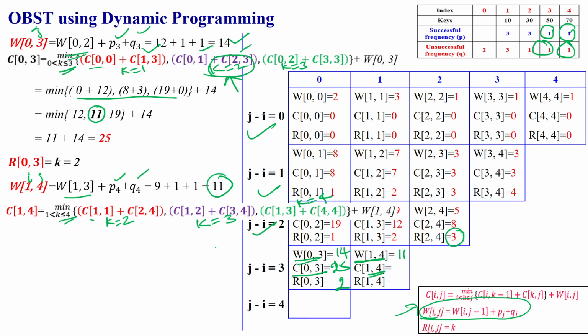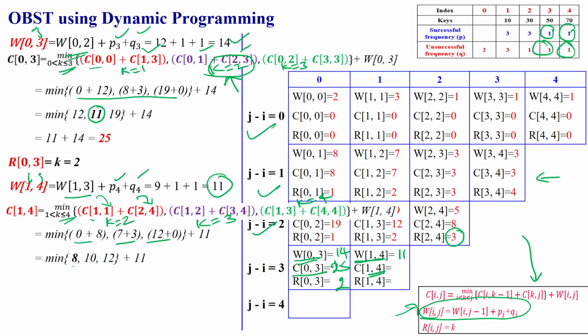When you're substituting the values for this all i comma j comma k using this formula, you will get these terms. Then you can get the values for these terms from the previous cells of the table. Then when you're substituting, you are getting these values, right? So minimum of this one is 8, which k value is giving k equal to 2. So now c is getting 19, k is getting 2, right?